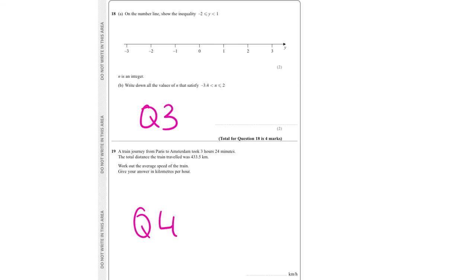Look below. However, what you can see is there's a clear transition between the foundation paper and the higher paper. So those of you who are looking to transition from foundation to higher, really we should be concentrating on the last 10 questions. And the last 10 questions equate to 40 marks. Okay? Well done.